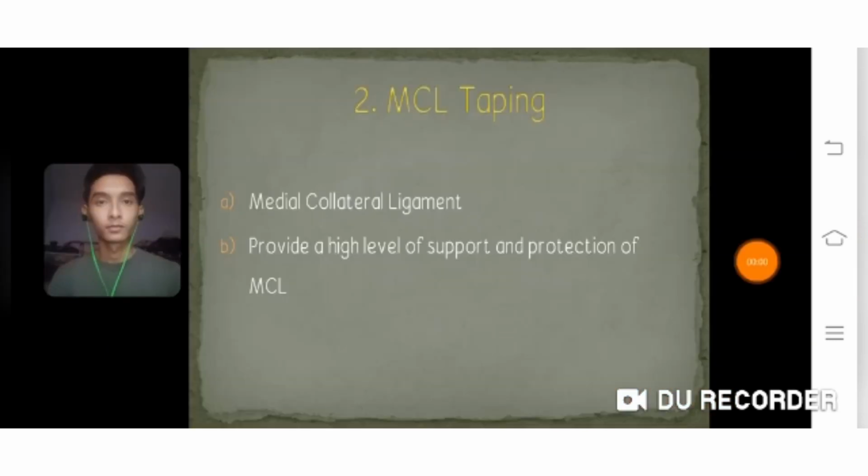Now, okay, the next technique is MCL taping. MCL stands for medial collateral ligament. MCL taping is useful to provide a high level of support and protection for the MCL. The MCL is located at the side of the knee.